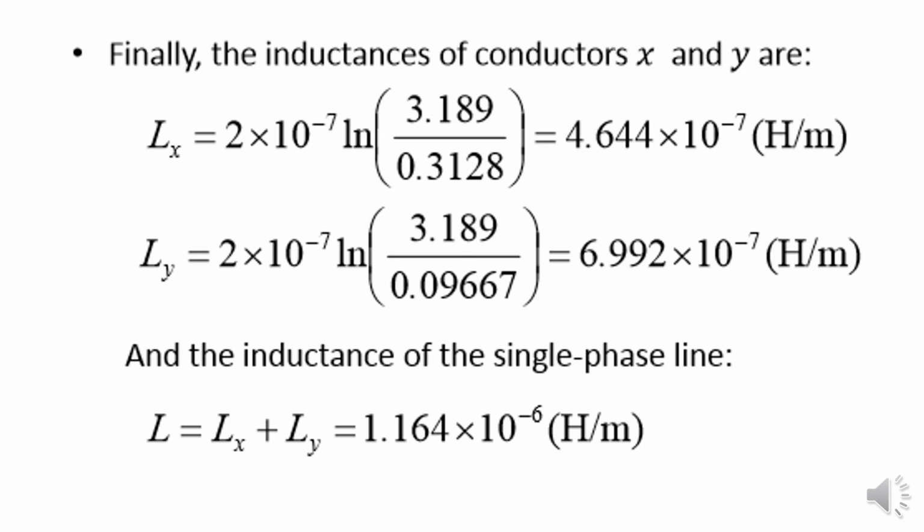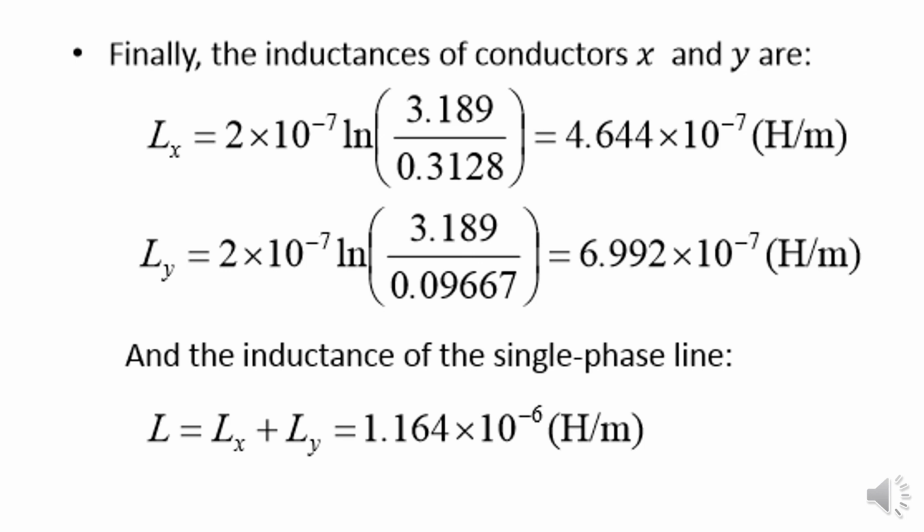Now let me recall what we have done. First we identified Lx and Ly. Lx is equal to 2 into 10 to the power minus 7 into ln GMD over GMR of x. Ly is equal to 2 into 10 to the power minus 7 ln GMD over GMR of y. Then we found GMD, which is a common value.